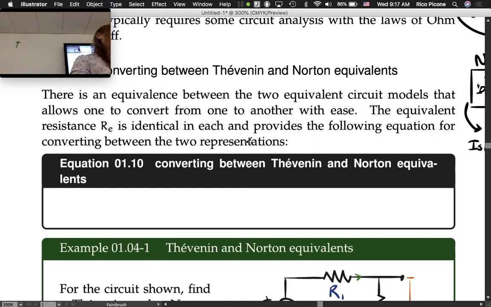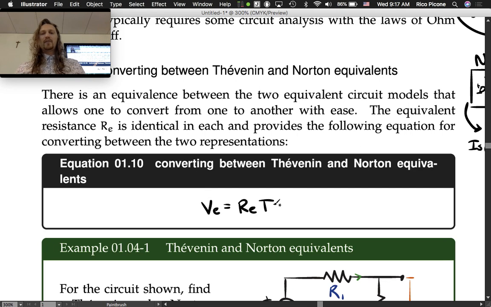And just so that I don't get it wrong, but it's almost impossible to get this wrong. It's VE equals RE times IE. So it looks like Ohm's law.